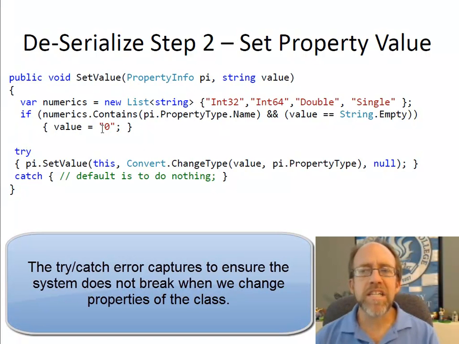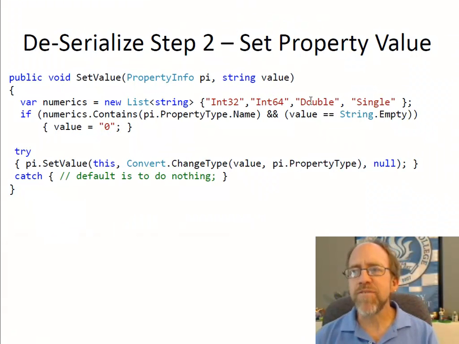In this case, I just convert those to 0. So for Int32, Int64, Double, and Single, I do this. My final step, the PropertyInfo SetValue, simply sets the value of those properties.